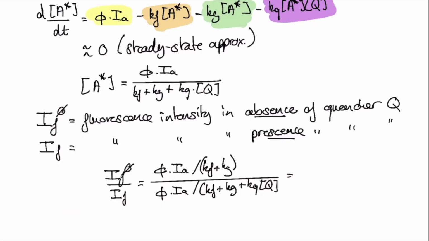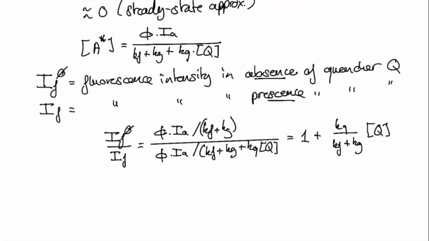So if we simplify this, the whole excitation term just falls out, and we have kq over kf plus kg, the fluorescence plus non-radiative decay, times Q. If you look at these two terms, that is actually 1 over the fluorescence lifetime. Because if you have fluorescence and non-radiative decay, those two together is what you would actually observe in terms of photons, and that is the fluorescence lifetime.